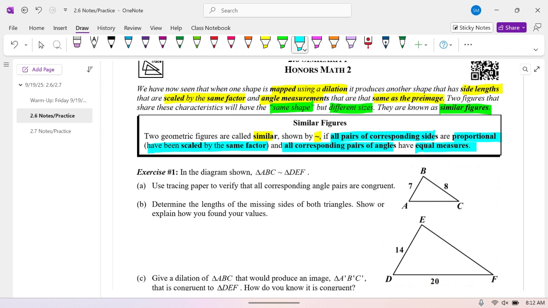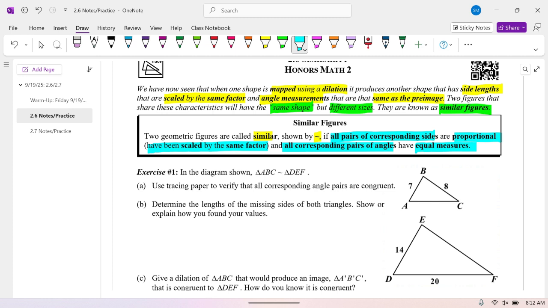All right. So the sides are proportional. When you hear the word proportion, what do you think? Right, so a piece of something if we're talking about proportion.